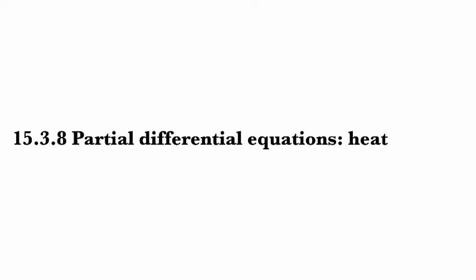So the wave equation is an important partial differential equation, but arguably more important and more useful is the heat equation. The heat equation can be used to model how heat moves through an object, but also anything else that relies on diffusion.